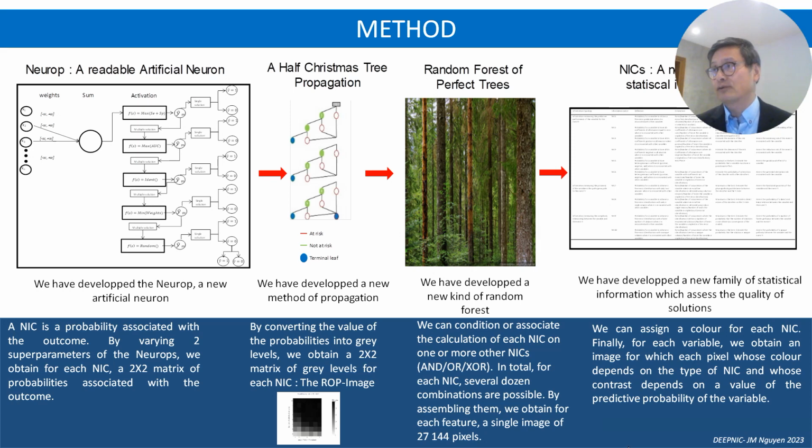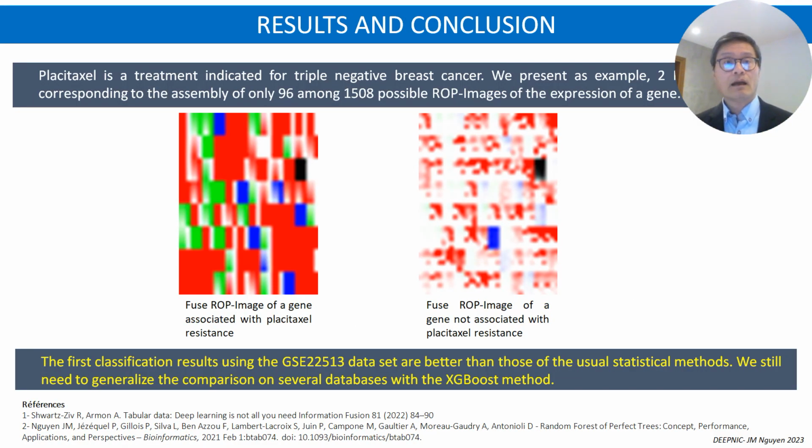Finally, we can also assign a color for each family of this NIC information. Here is an example where you only use 96 combinations among 1,500 different possibilities.